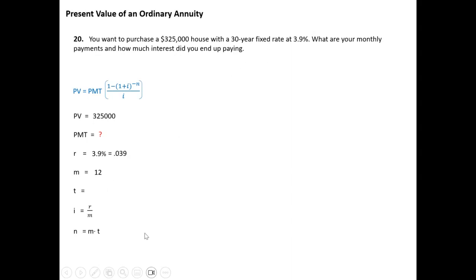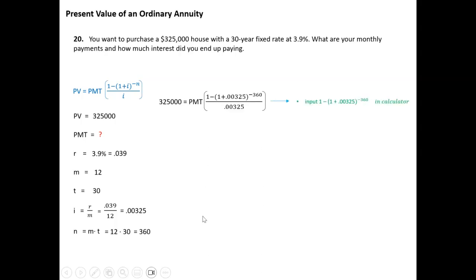The T will be a 30-year fixed loan, so it's going to be 30. My I will be the R divided by 12, which is 0.039 divided by 12. It results in 0.00325. The N will be the M times T, 12 times 30, which gives us 360. Let's plug everything into the formula.